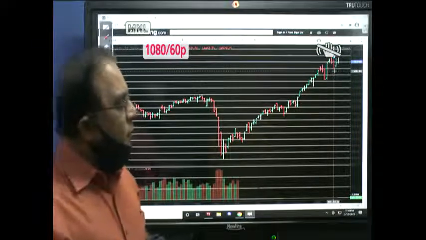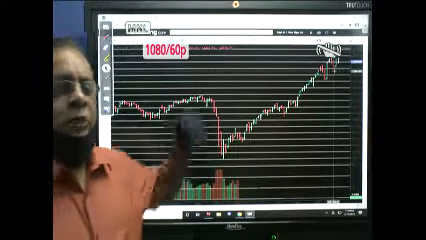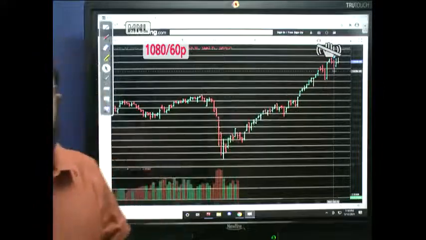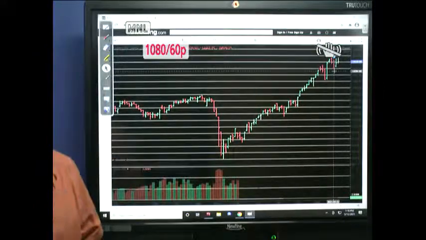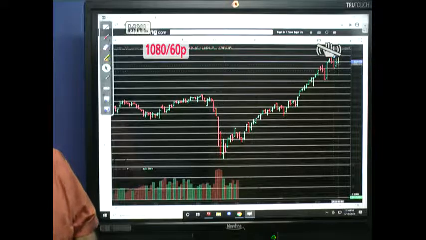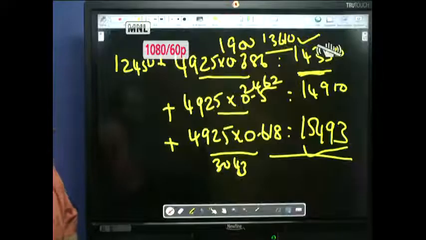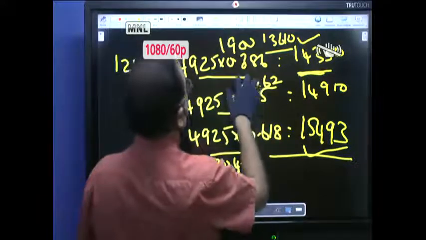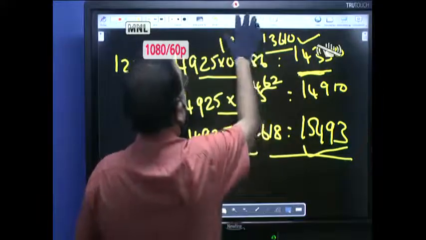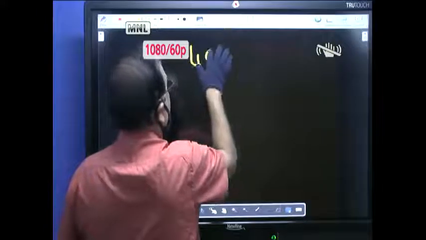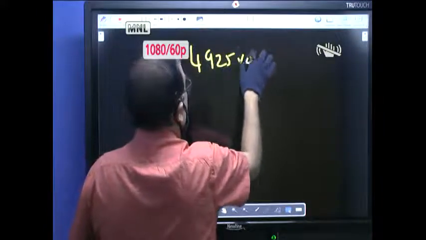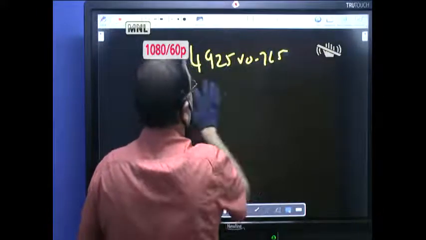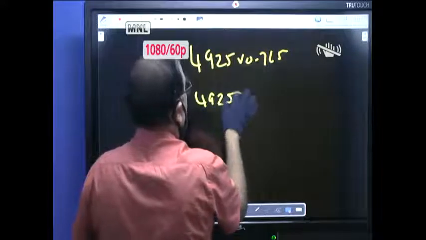So assuming the market continues to go up, what is the next target above 15,450 or 470, which has been reached till now? We will now go to the next Fibonacci, that is 0.765 and 1. So we have 4925, right? 4925 into 0.765 and then the full 4925.